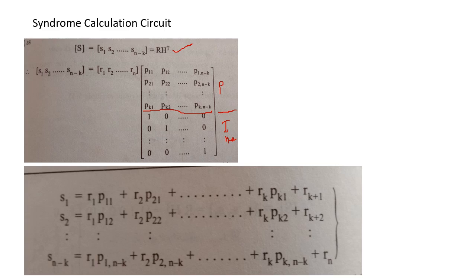So S1, S2, S3 up to S(n minus k) will be equal to the received vector R into the H transpose matrix. We get certain equations 1, 2, 3 and so on, which are nothing but the S1, S2, S3 elements. So this is how we get the equation for the syndrome calculation circuit.